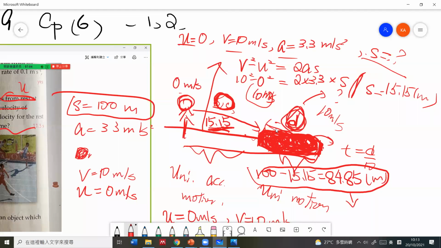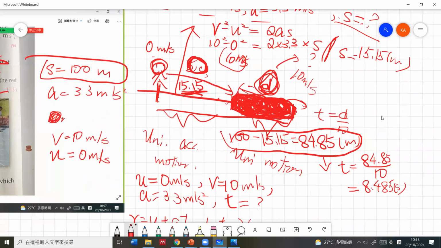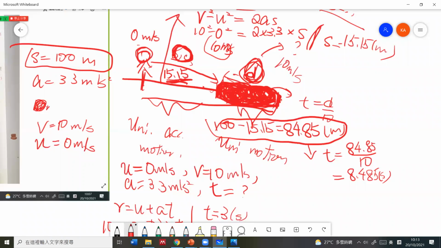How long does it take to complete the second part? The second part is uniform motion with no acceleration, so the time equals displacement over velocity. So it is 8.485 seconds to complete the second part.